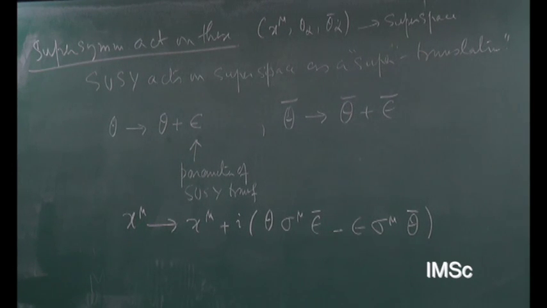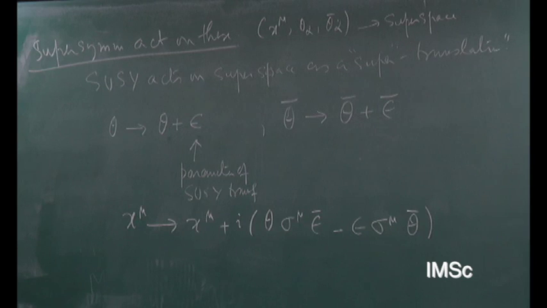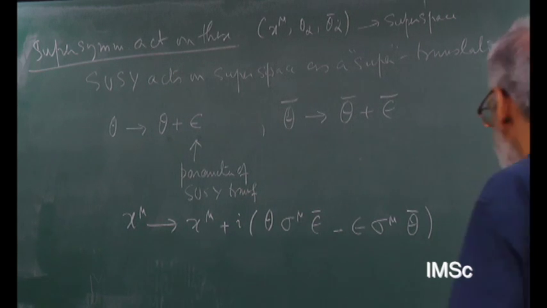Now, why do we say that this is what generates supersymmetry? If I were to write the corresponding generators for this super translation, which implement this supersymmetry transformation, they satisfy the supersymmetry algebra. Why did I cook up this answer?